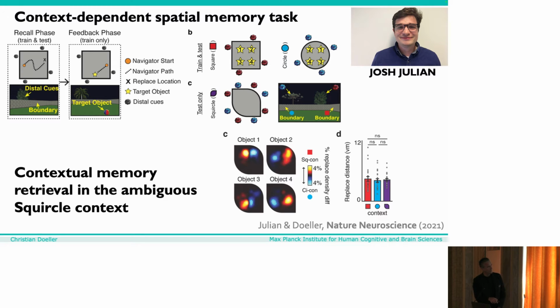And also in the squircle, of course, there is no correct location, so we take the location of the environment which is closest to the response of the participants. So they either replace it next to the circle predicted or the square predicted location. So this is behavior.